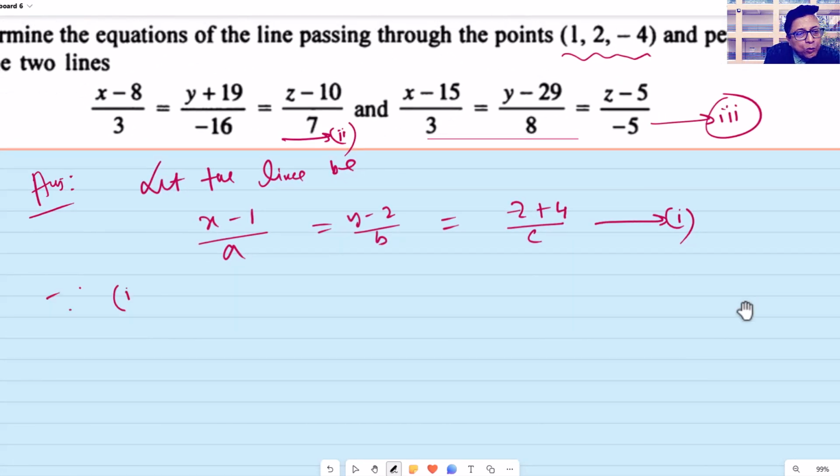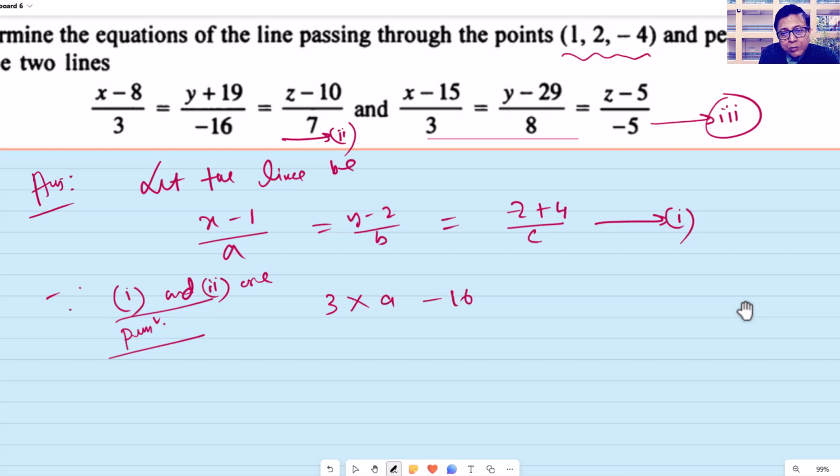Since 1 and 2 are perpendicular, what condition do you get? A1A2 plus B1B2 plus C1C2 equal to 0.